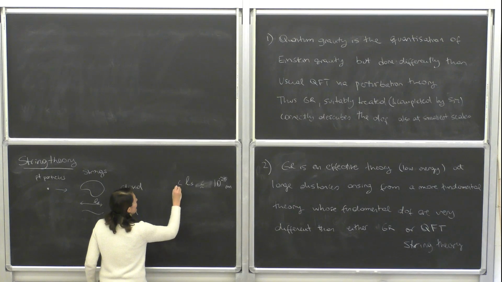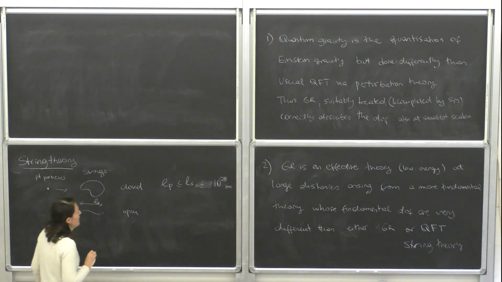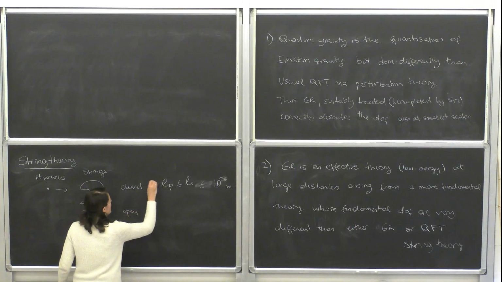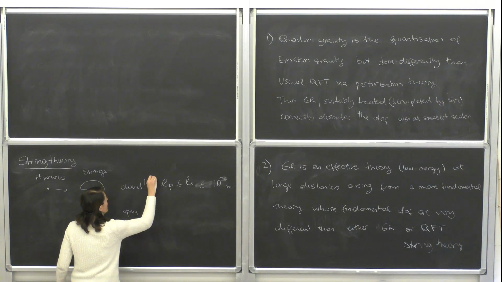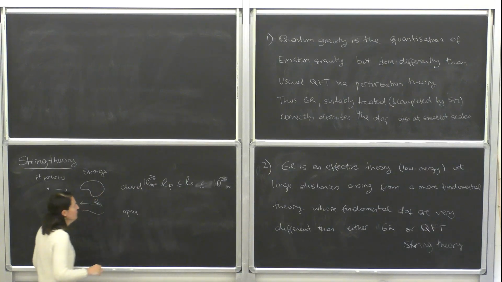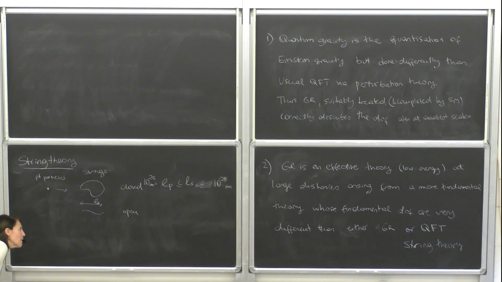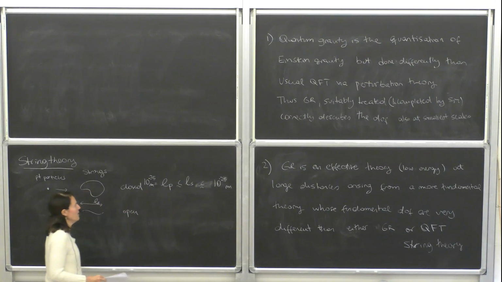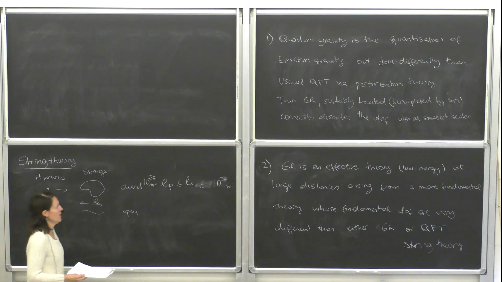And it can be as small as the Planck scale, which is 10 to the minus 35. So it can be larger than the Planck scale, but it's small enough that we haven't observed it.